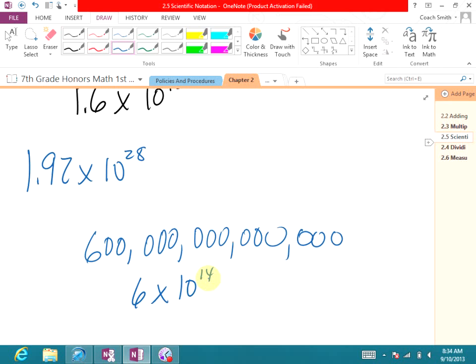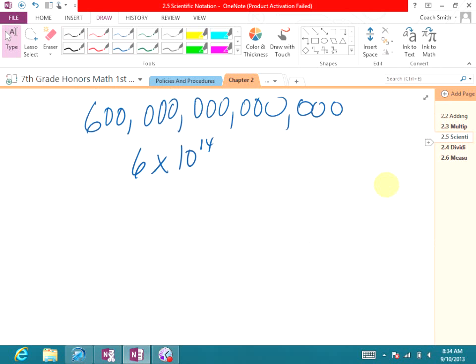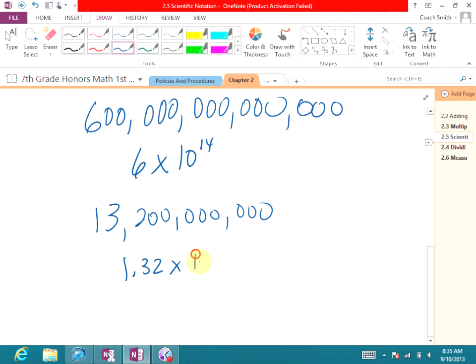We know that 13.2 billion is 13 billion 200 million. If I write that, so that's 1, 2, 3, 4, 5, 6, 7, 8, 9, 10, that would be 1.32 times 10 to the 10th power.